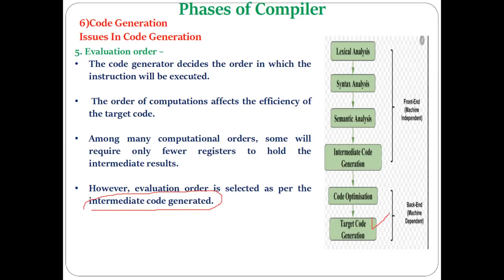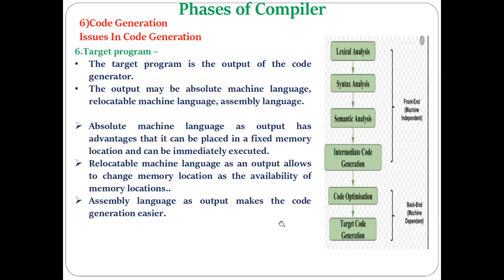So this is our fifth issue, where the decision is taken about the order in which the instructions should be executed, and the common approach is to use the same order as when the intermediate code was generated.